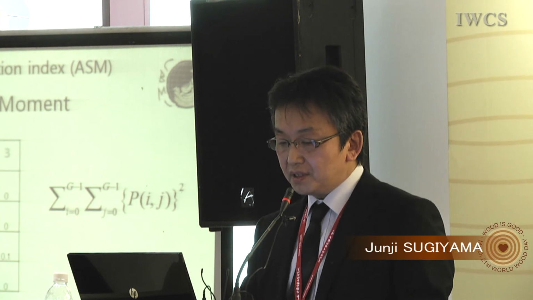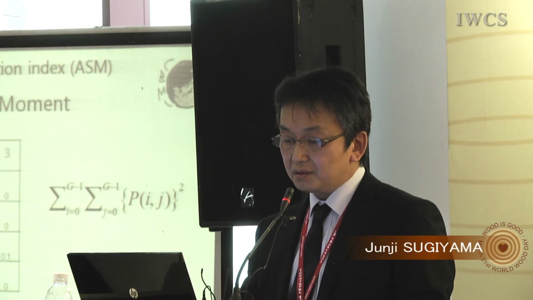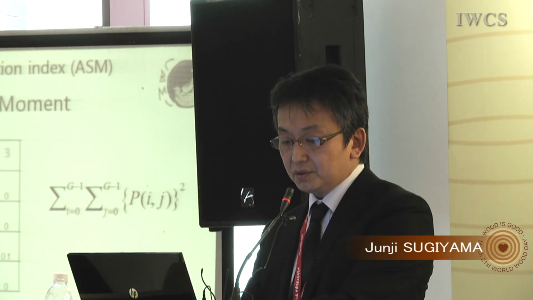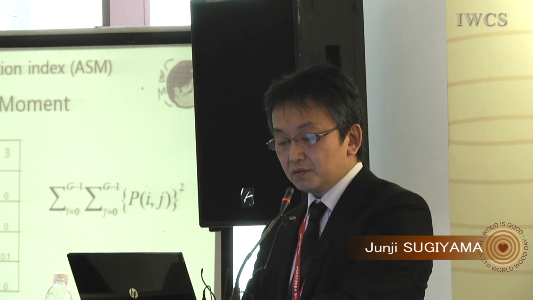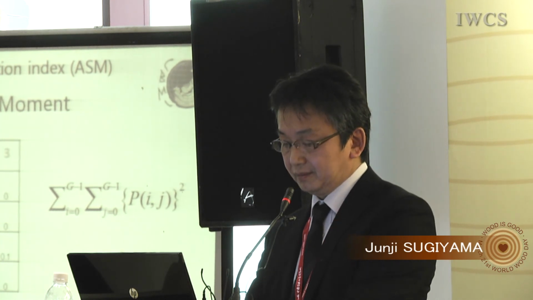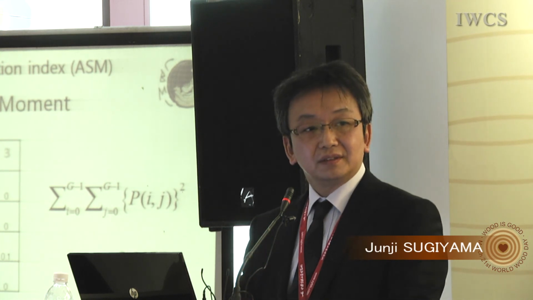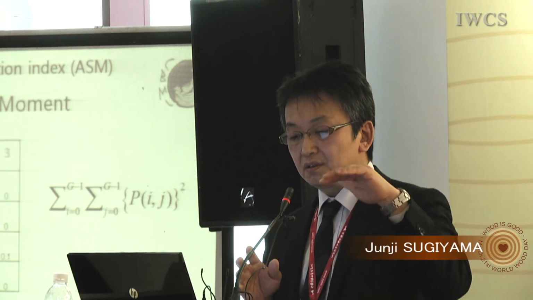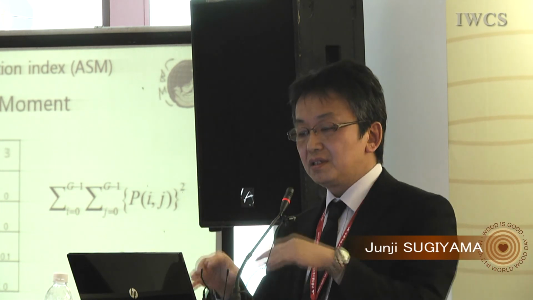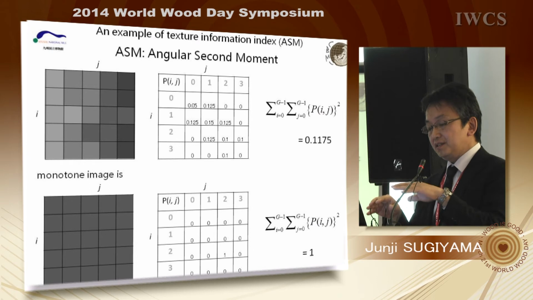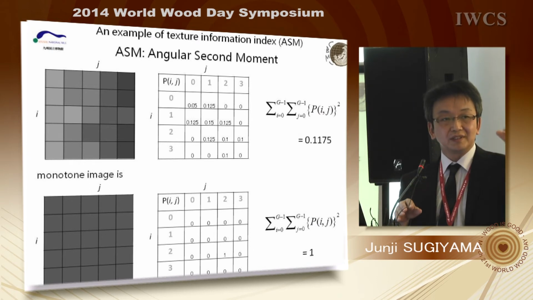But suppose there is a monotone image with grayscale level 2. Then 2 and 2 occur 40 times, so the probability is 1, and the sum of the probability equals 1. So this ASM information is less than 1 if the contrast is fluctuating, and if it's close to monotone, you get a value close to 1.